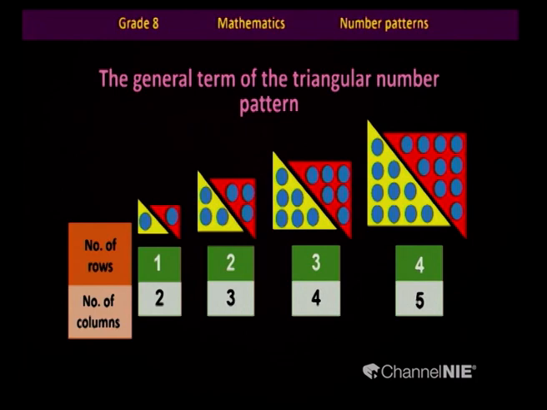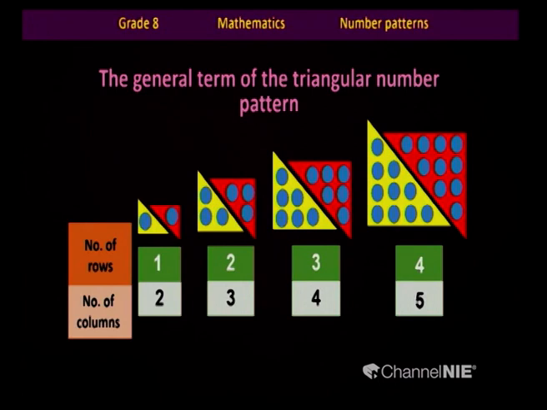Therefore, I am going to double the triangular numbers, or the values of the terms of the triangular numbers, and try to construct a general term for this triangular number pattern. We know that for the first term, you got only 1 dot. Now I am going to join 2 such values together.